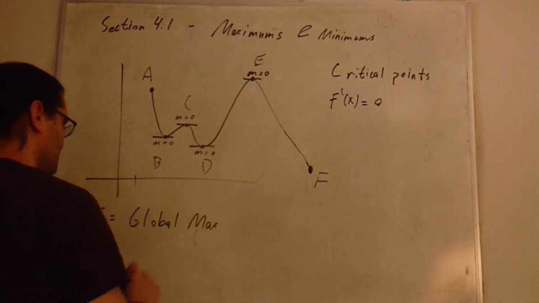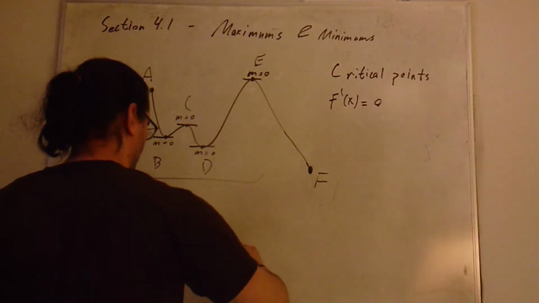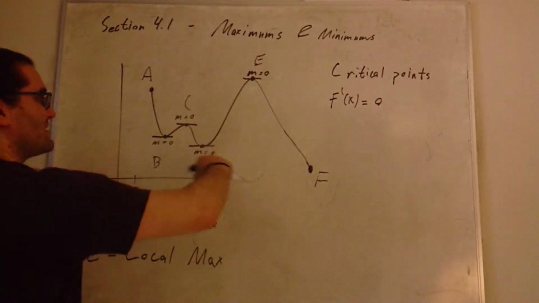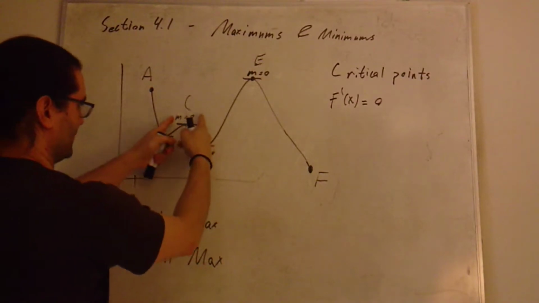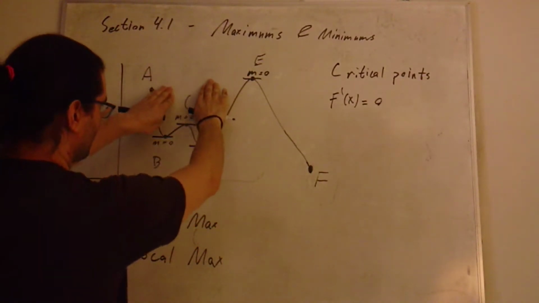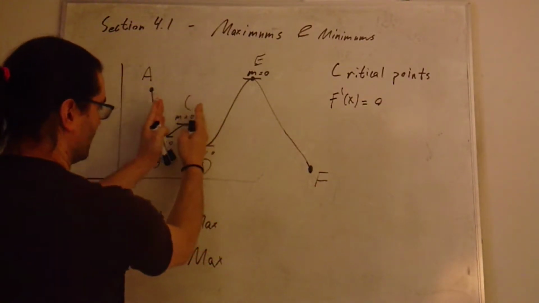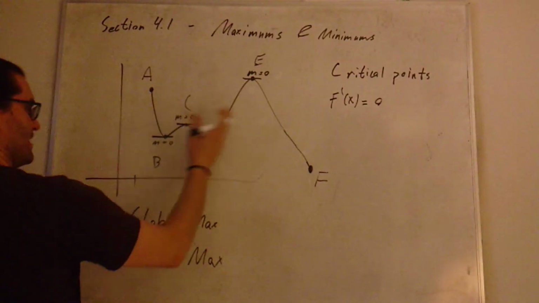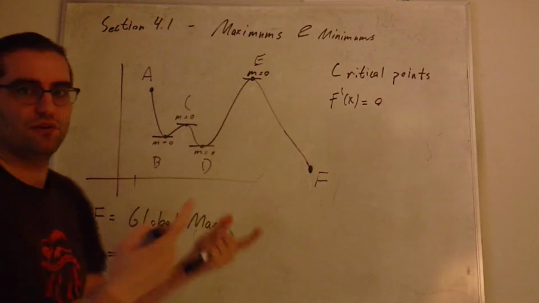But C also deserves recognition because it is a local maximum, which means it's not the highest thing on the entire graph, but it is higher than everything around it. So if you only look at things that are near C, if you look at a very small interval on either side of C, this point is the highest that it gets in this neighborhood, it's called.